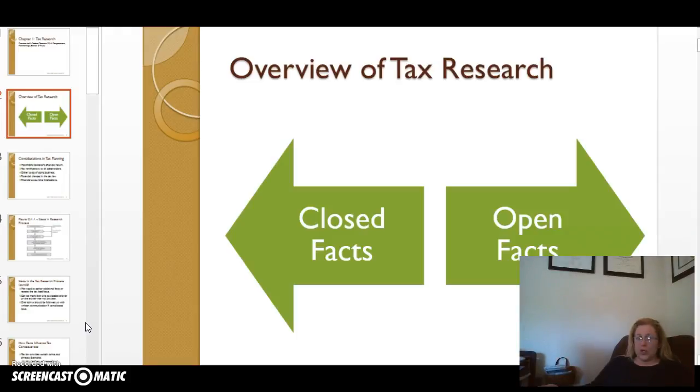So it hasn't occurred yet. It's in the future, it's coming in the future, and so you have the opportunity to do some tax planning. In an open tax situation, you have the opportunity to make decisions so that it benefits you tax-wise.